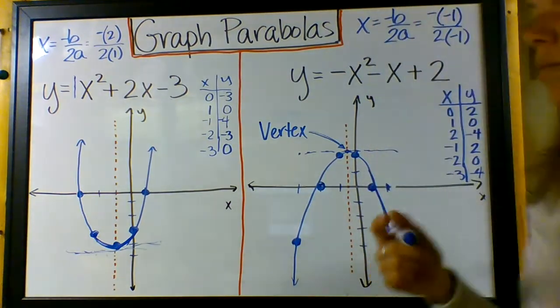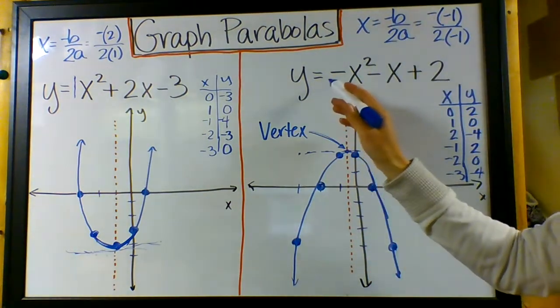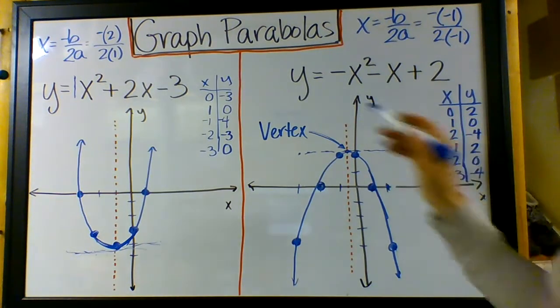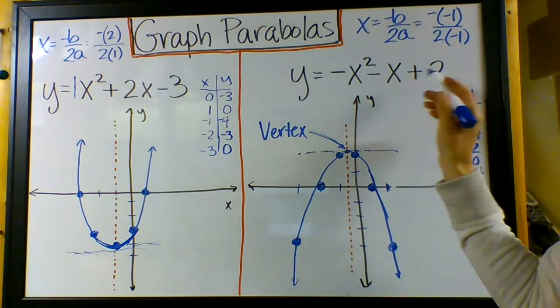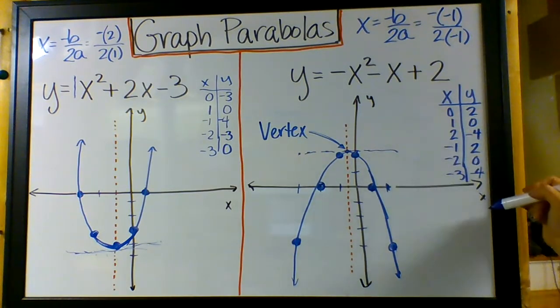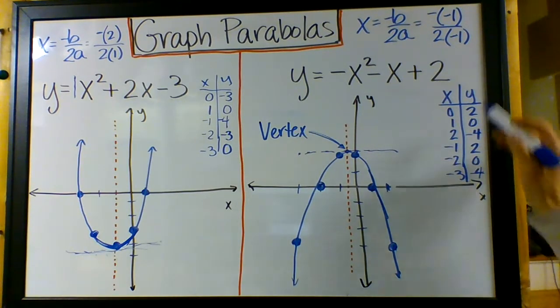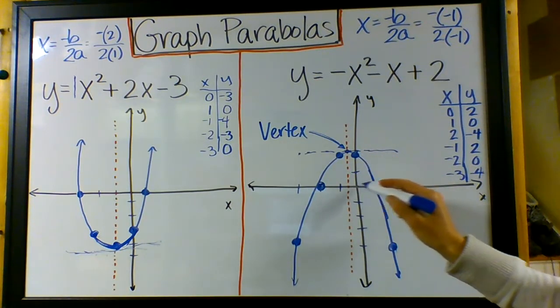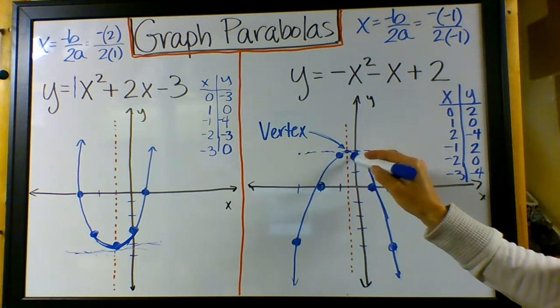Okay, let's take a look at this one. I've got y equals -x squared minus x plus 2. I can look at a table of values. I plugged in 0 and I found out that where x equals 0, y equals 2, right?